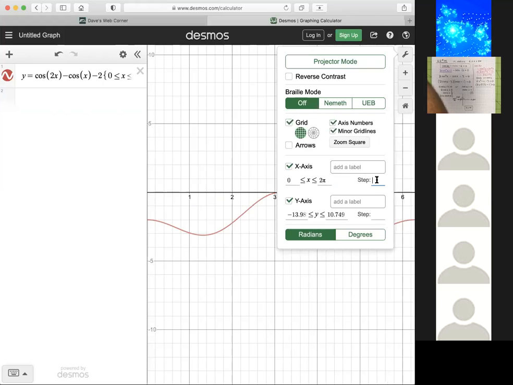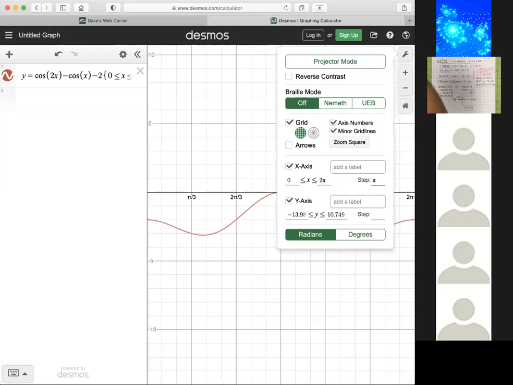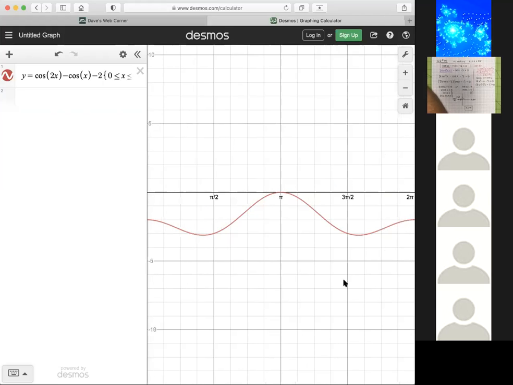And I don't mind what step I use, but let's say pi over 2 if you like. There's a picture of that graph from 0 to 2 pi. And there's only one place where that graph is equal to 0. And that's right there at pi. When x is equal to pi, then y is equal to 0. Okay.